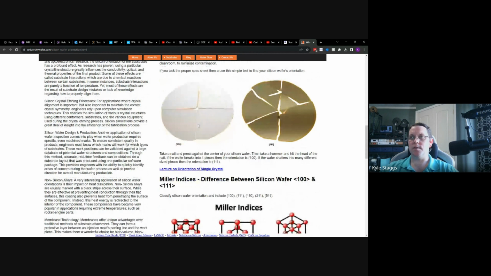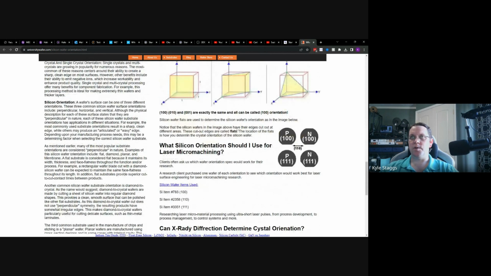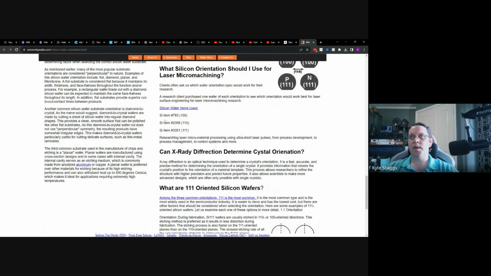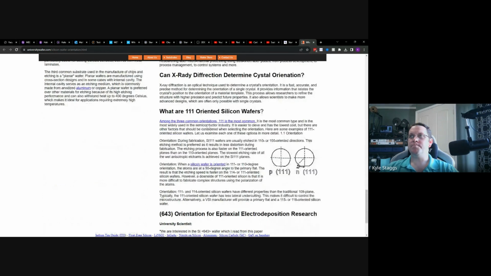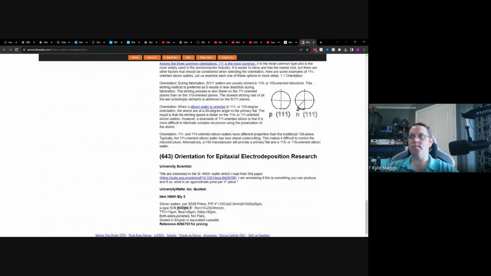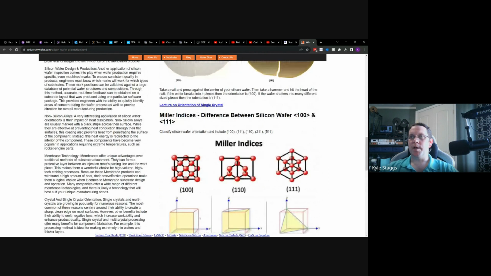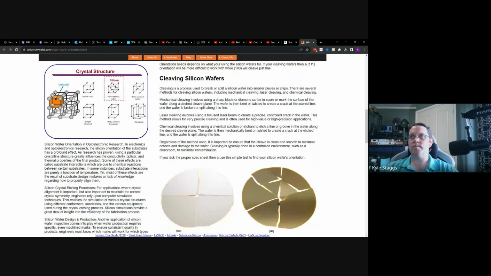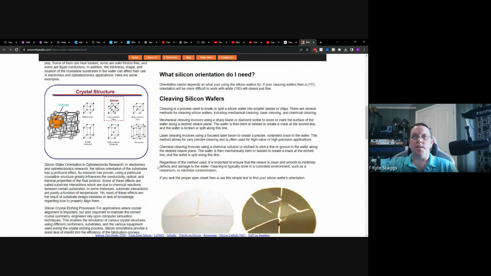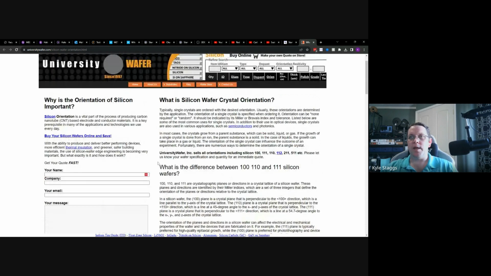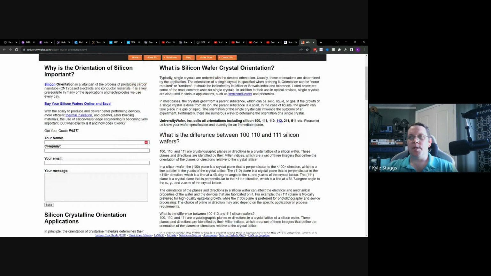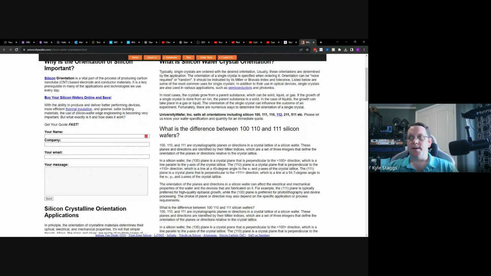So 110 is a little different. I wish they'd have shown an example. I've primarily seen 110 and 111 wafers in use for different cases, but those are things that are key, and this is why that is important. Because those Miller indices tell us something about what the bulk behavior is going to be like.